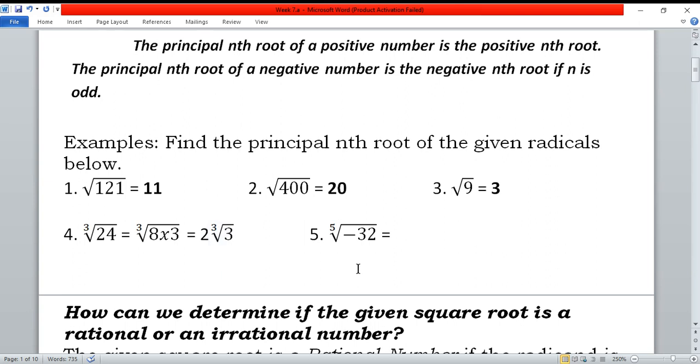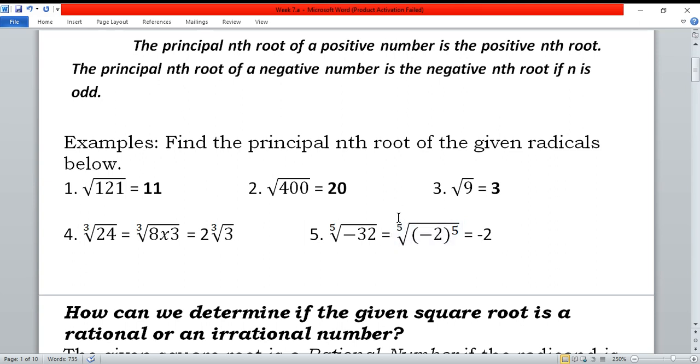Okay? So let's have number 5. Number 5 is the fifth root of negative 32. So this time, the radicand is negative and its index is odd number. Okay? So ano naman ang result nito? So we all know that negative 32 ay nanggaling siya sa limang number na magkakapareho, and that's negative 2.